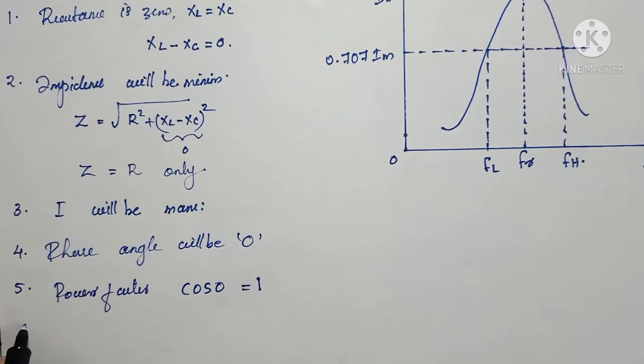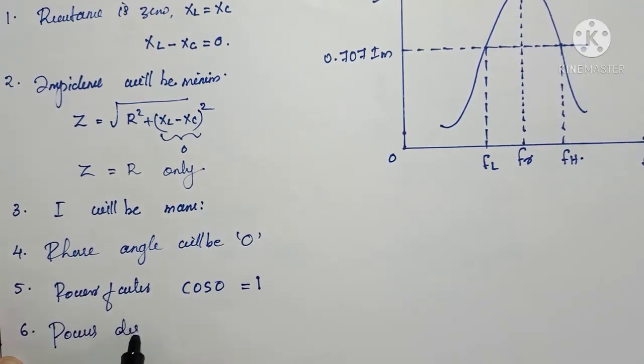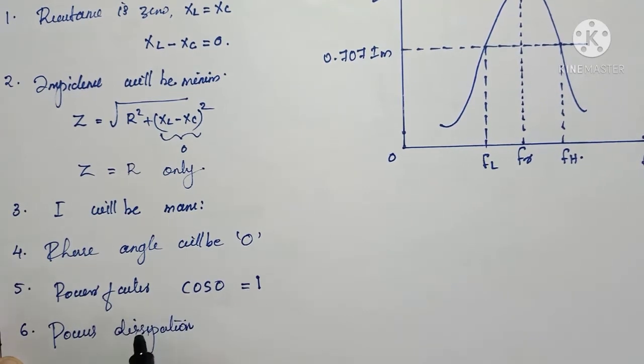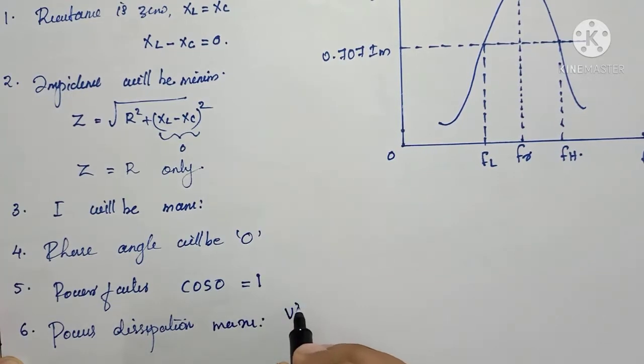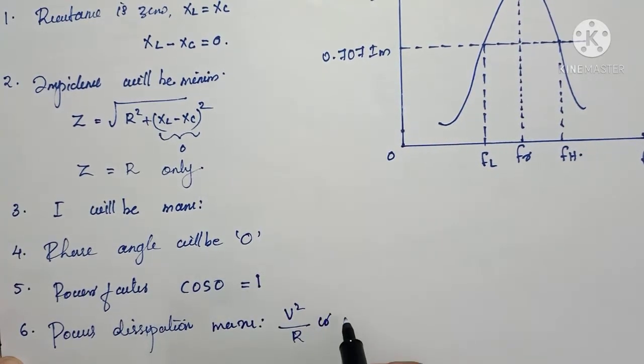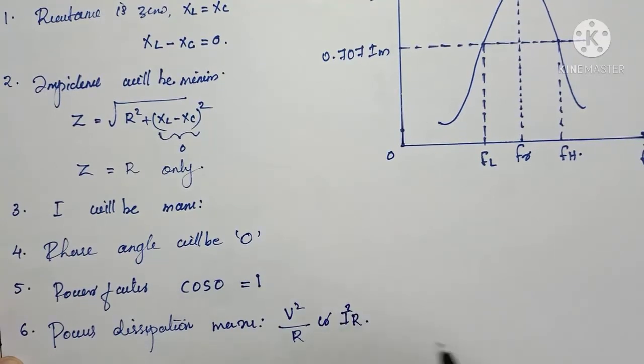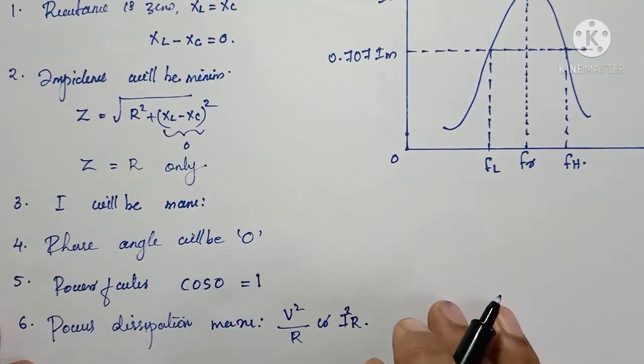And the sixth point is the power dissipation. This power dissipation at the resonant condition will also be maximum, that is V square by R, or I square R. Power dissipation will be maximum.